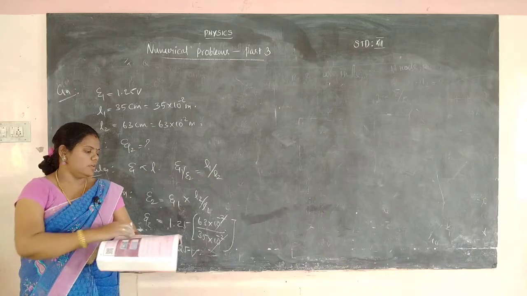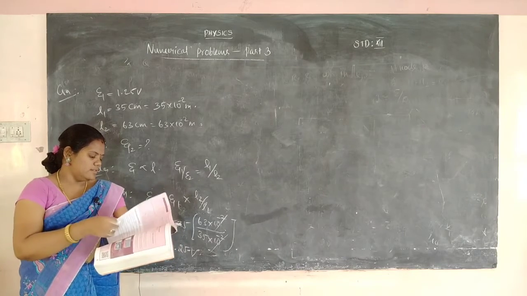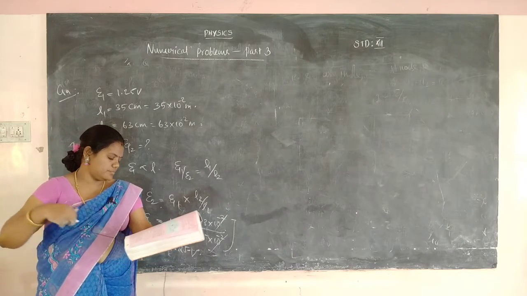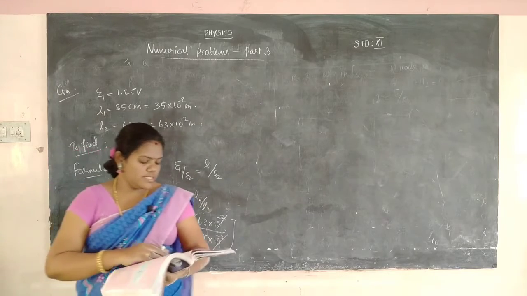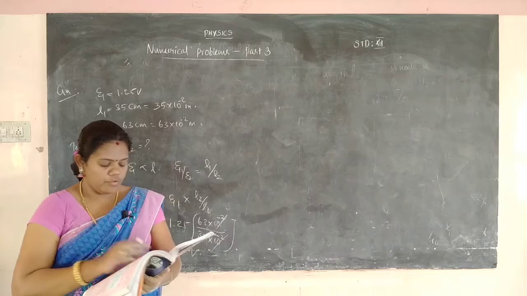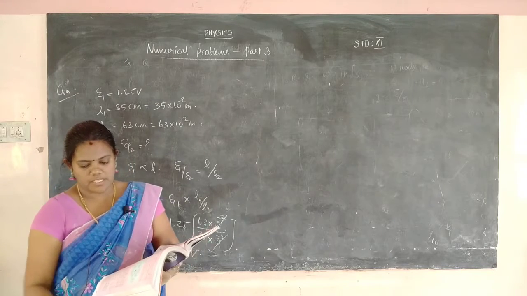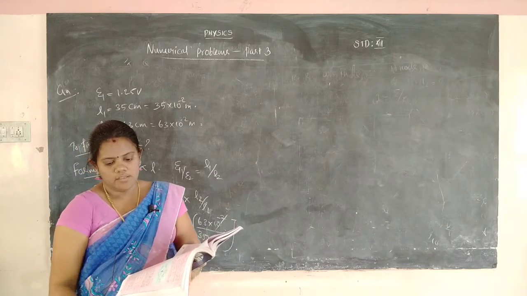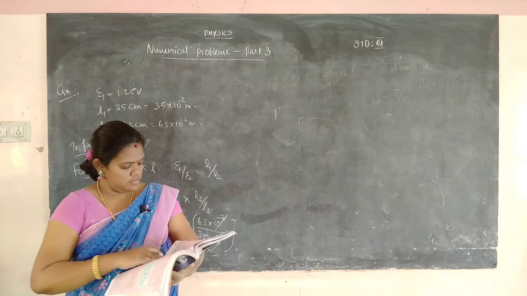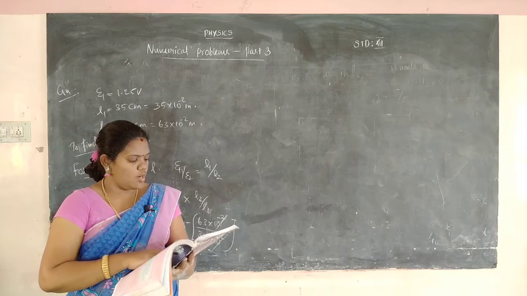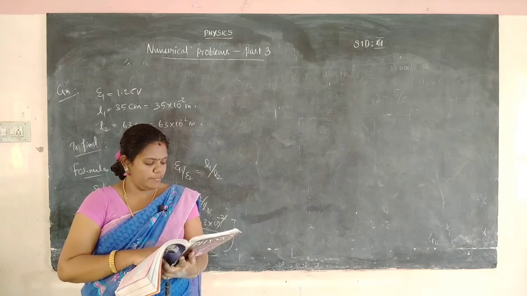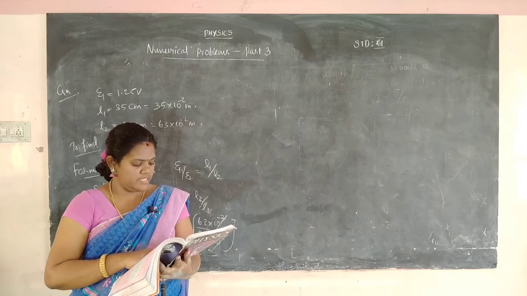Okay. Then another one, the fifth problem is there. The rod given in the figure is made up of two different materials, 25 centimeter and 70 centimeter.